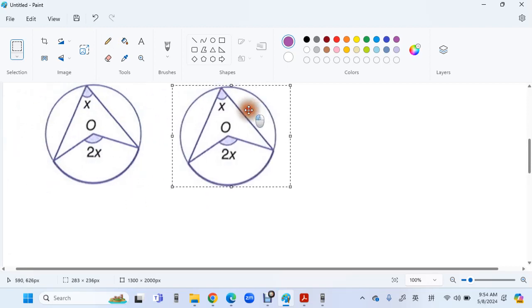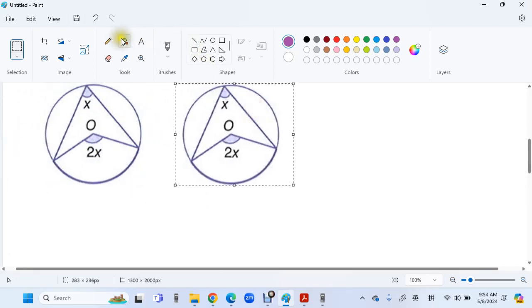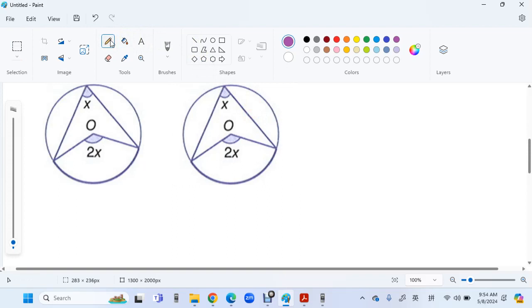So you try to imagine for this one, when I move this point to somewhere here, or I just move this line. I move this point from here to here. Then this is 180 degrees at the center.